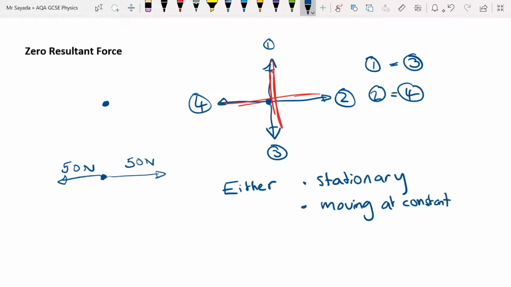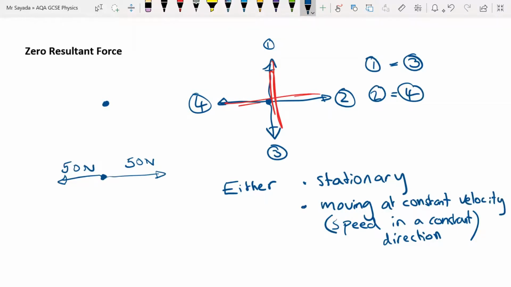What else does it mean? Say your answer to the video. You should have said in a constant direction. So you can either say moving at constant speed in a constant direction, or you could just replace this whole thing with the word velocity. So moving at a constant velocity.